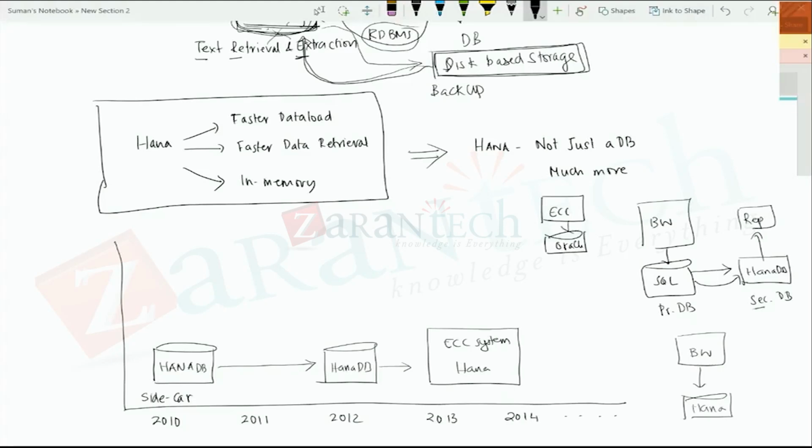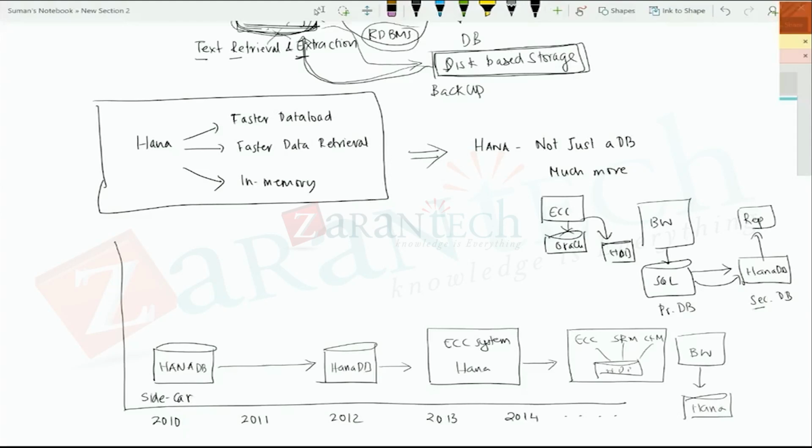Now they are cutting this and they're saying, let me directly bring it into HANA database. I've seen the capacity of HANA database while working with BW. Let's bring the ECC system. When this grew, they also saw the prominence of it. They said, why only bring one ECC system? Let's bring ECC, SRM, CRM, all the different applications. Let's bring it onto HANA database. So the shift happened this way.